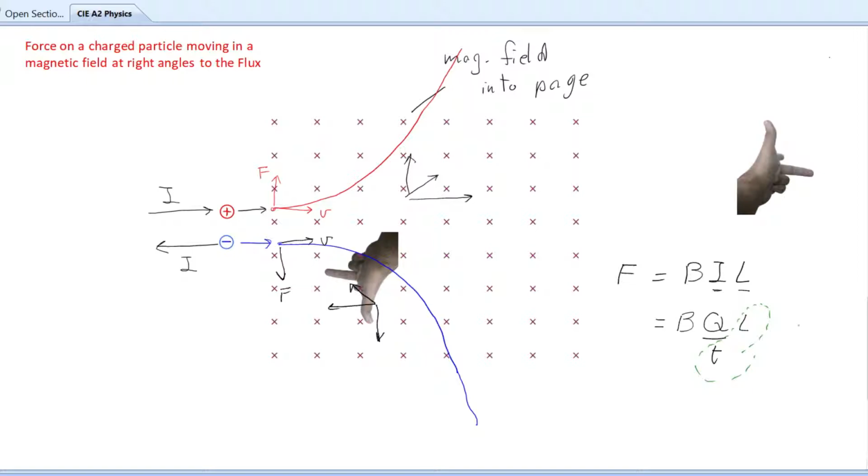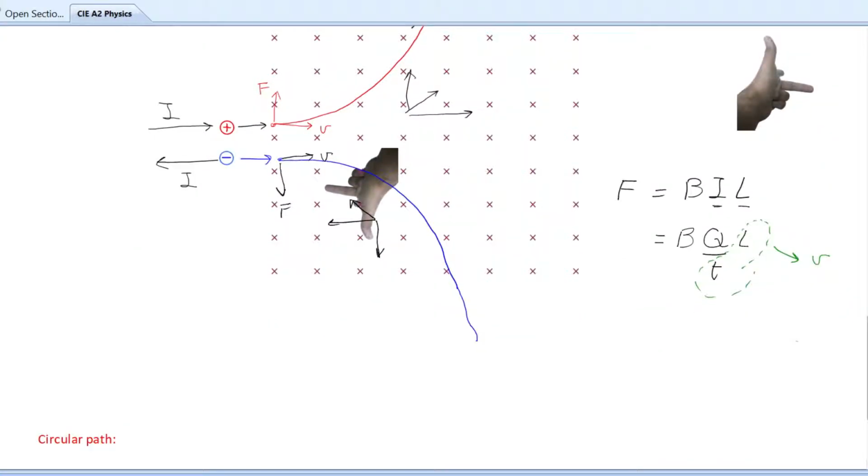If you have a length divided by time, that gives you distance over time, which is speed, or displacement over time, which is velocity. So you can just calculate the force by multiplying the flux density of the magnetic field by the charge of the moving particle by the velocity of the moving particle.